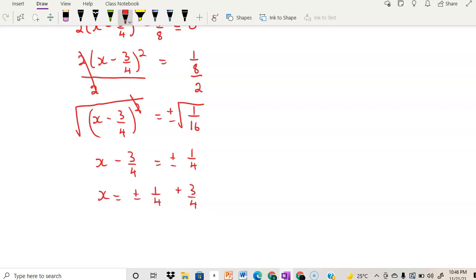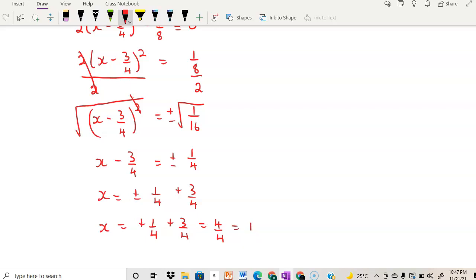All right, now we're going to split it up, guys. We're going to split the equation there so we can get our 2 x-intercepts. So x is equal to positive 1 over 4 plus 3 over 4. That gives us 4 over 4, which is equal to 1. So that is our first x coordinate.